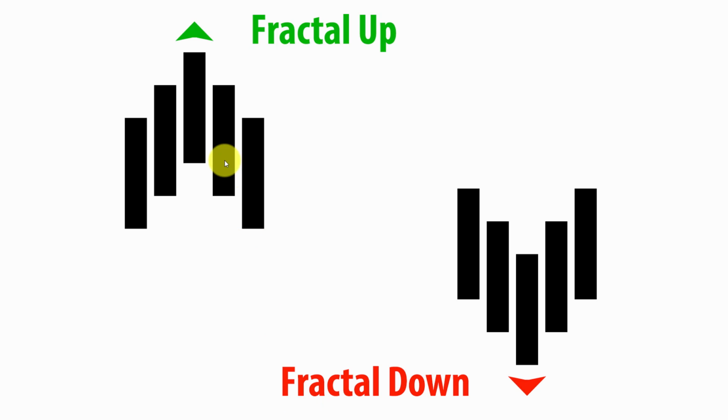So the fractal indicator is formed when it has this middle price bar and then two price bars on the left that are lower than the middle one, and two price bars on the right that are also lower than the middle one.